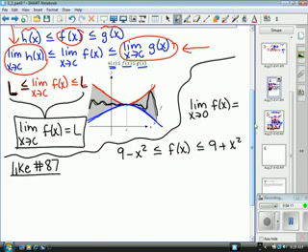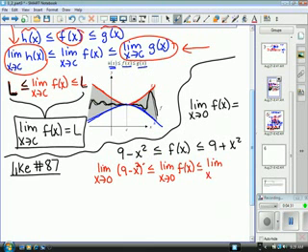So here's the theory behind the squeeze theorem then. I check the limit of the first function. You check the limit of the middle function. And then you check the limit of the third function. Easy enough.